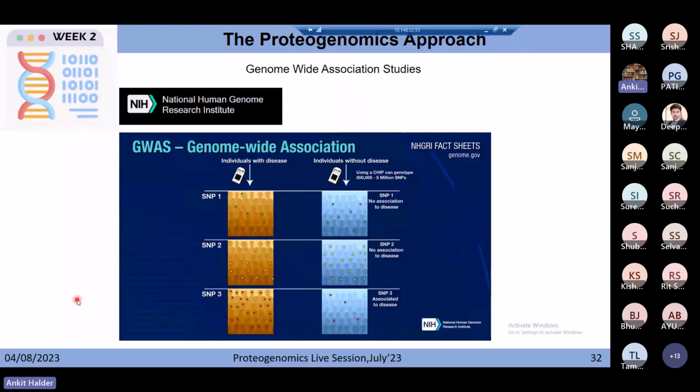When you do Fisher's exact test, the data follows a hypergeometric distribution, and the first criterion is that the data is categorical, that the responses are binary. Then you will go for Fisher's exact test and try to find out whether it is by chance, or this SNP's association with disease is actually significant. Then you will follow Fisher's exact test.